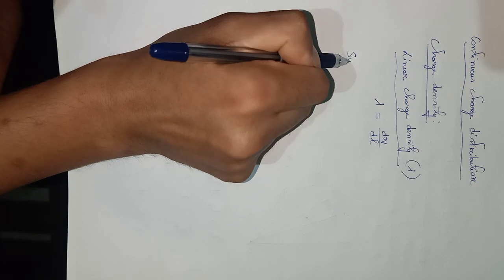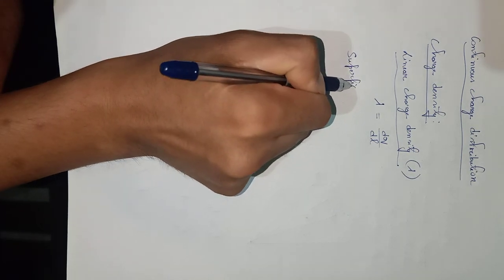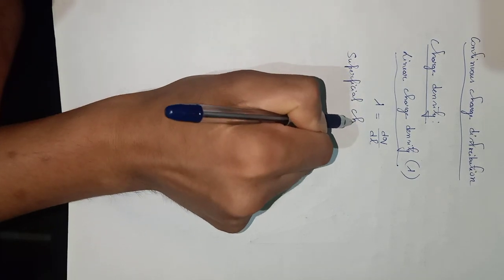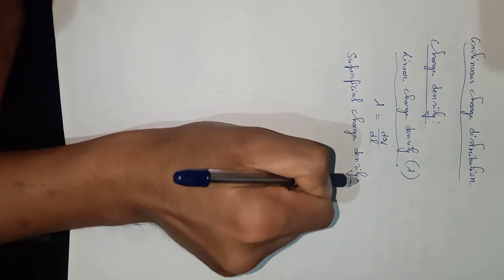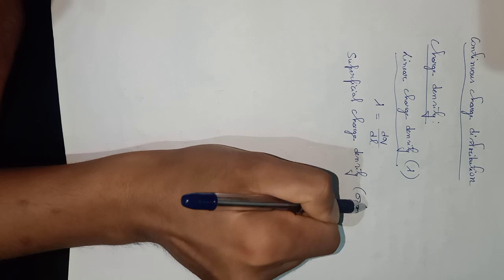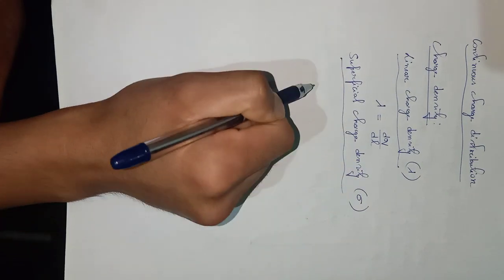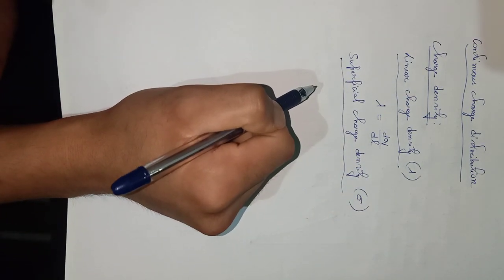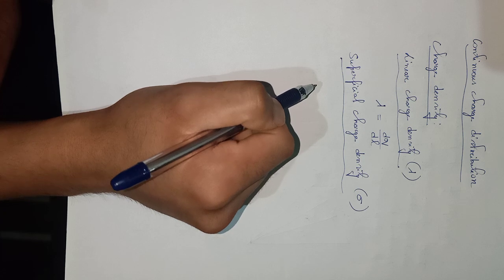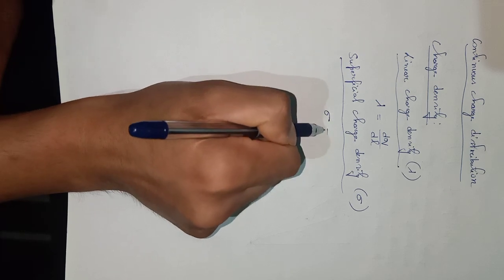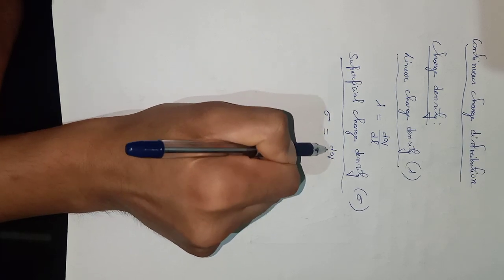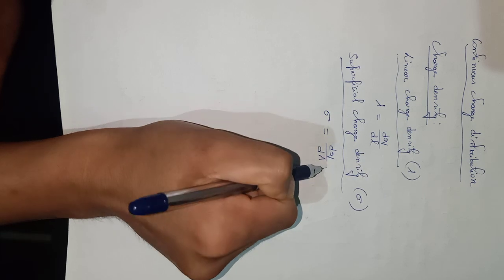The second one, superficial charge density, denoted by sigma, is charge per unit area, so sigma is given by dq by dA.